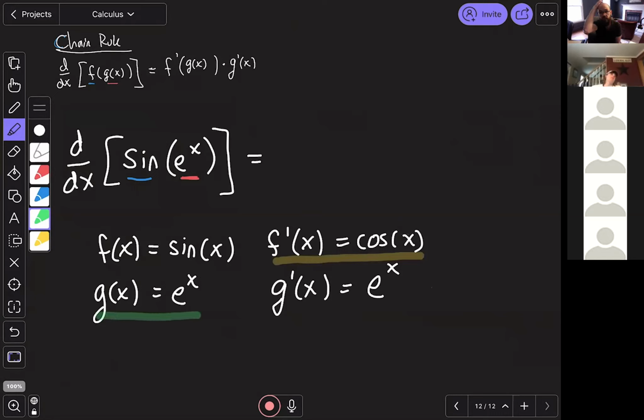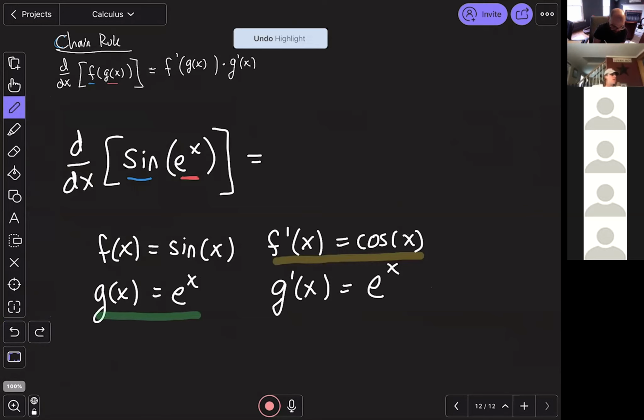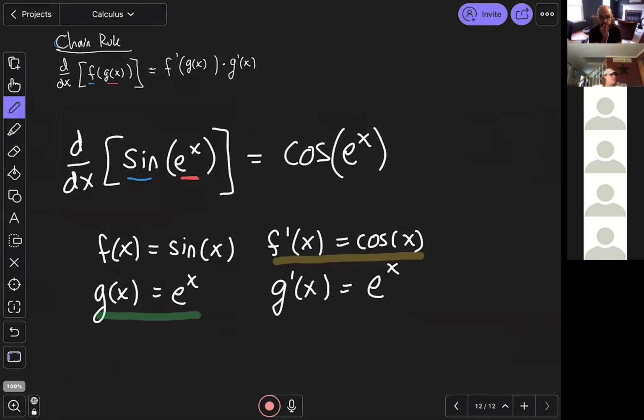I'm composing these two pieces. So f prime of g of x is cosine of e to the x. That's my first part.